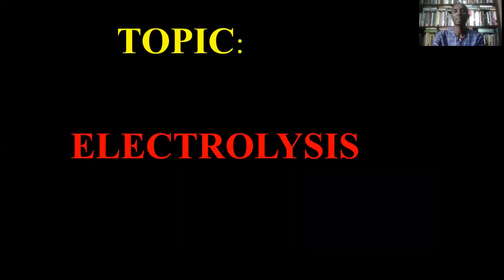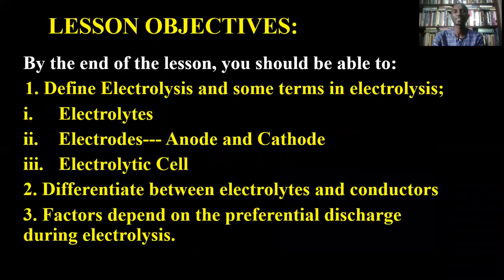By the end of this class, we will be able to define electrolysis and also define some terms that relate to electrolysis, like electrolytes and electrodes, which are the anode and the cathode. You will also define electrolytic cell.